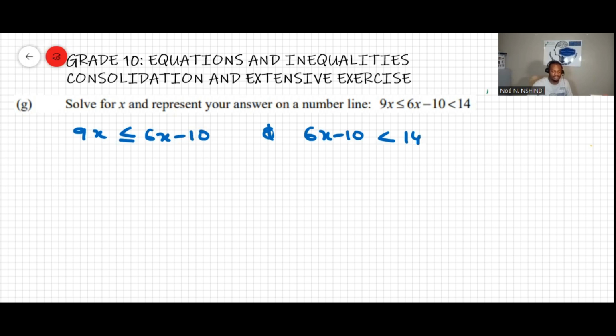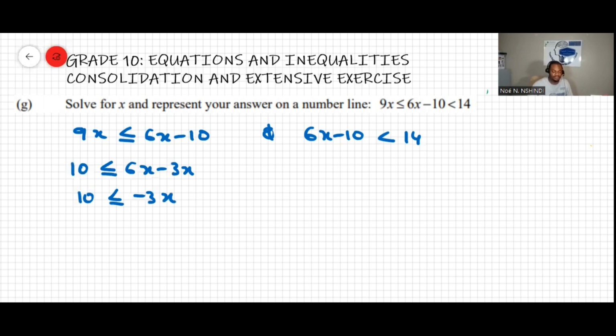So if I move the 9x over, it's going to be 0 is less than... I'll move the 9x over and then the negative 10 on the other side, so it becomes 10. 10 is less than or equal to 6x minus 3x, which means that 10 is less than or equal to negative 3x.